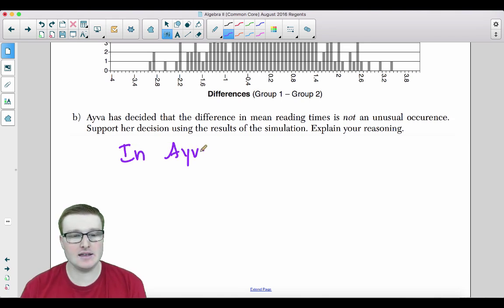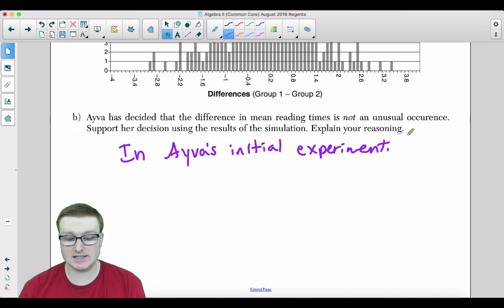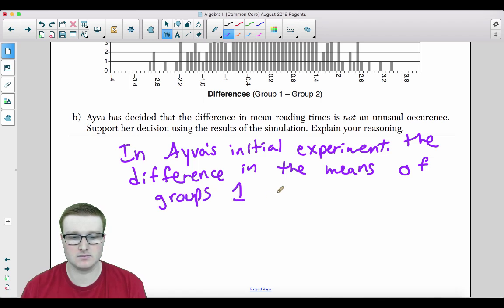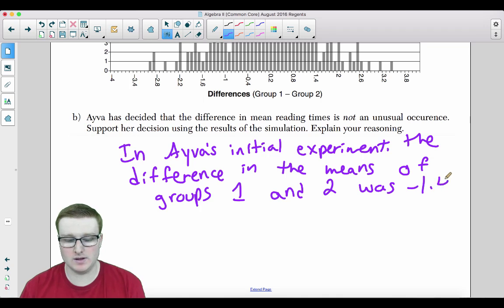In Ava's initial experiment, meaning what she just did with her 20 volunteers, the difference in the means of groups 1 and 2 was negative 1.4.